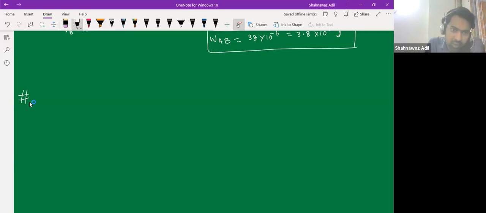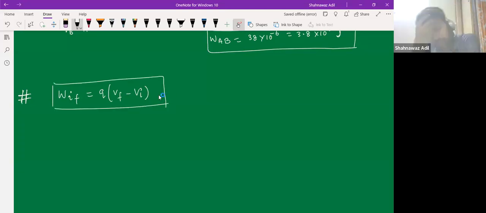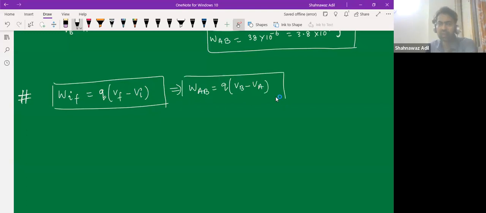If we want to calculate work done from initial point to final point, this is Q times V final minus V initial. That is how work done is related to the potential. This is a very important result and always remember this. It comes in very handy. So let's say WAB would be Q VB minus VA.